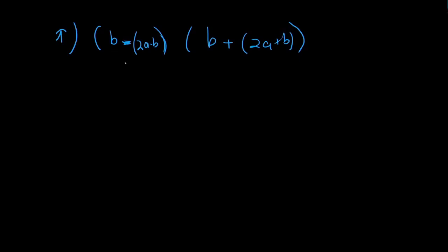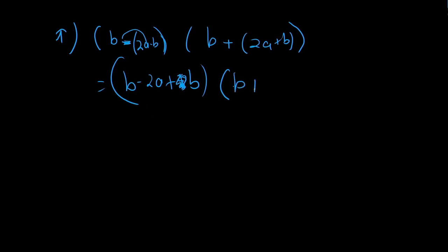All right, so we end up with b minus 2a, minus times a minus is a plus, plus b.